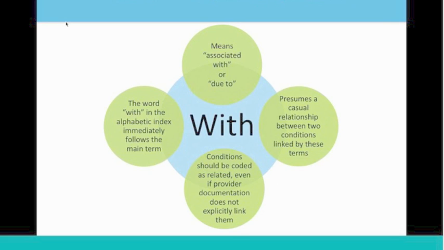For conditions that are not specifically related or linked, the provider will need to document in the record that these two conditions are not related. If a condition is related, associated with, or due to, it presumes a causal relationship. Physician documentation is not required to state that it is related. You are allowed to presume the causal relationship.